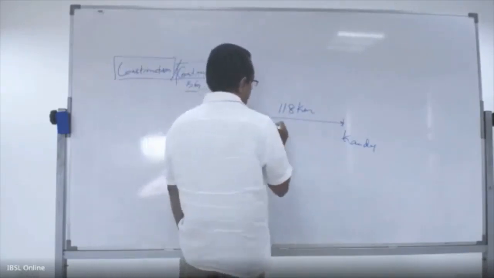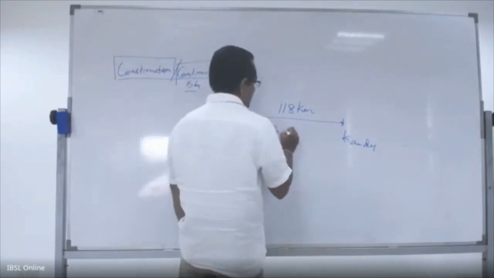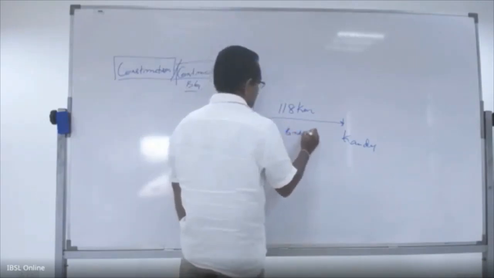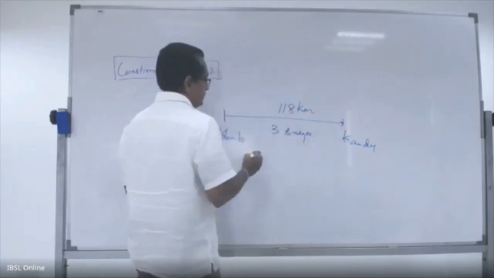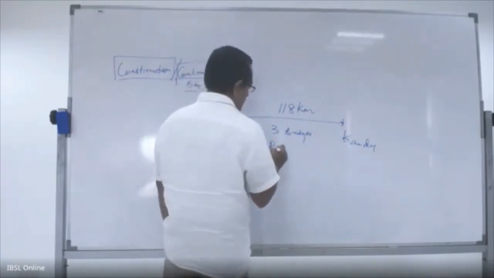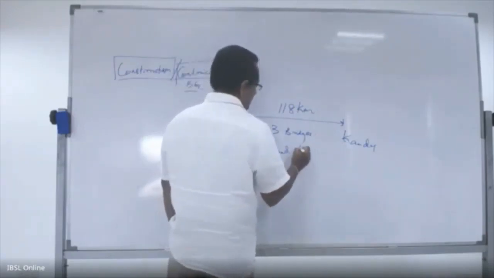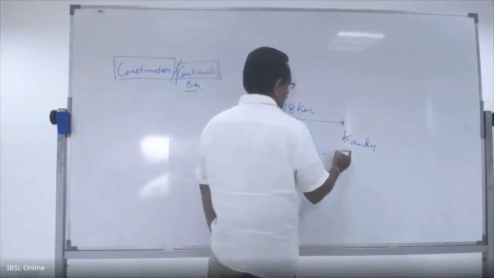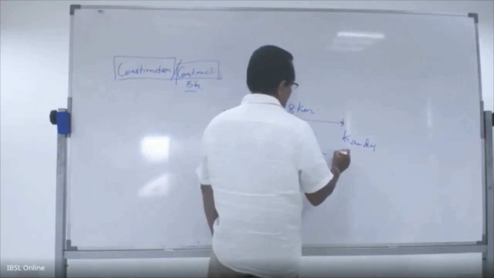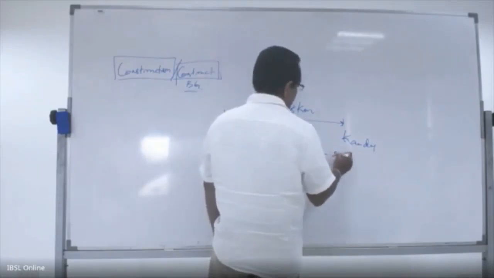right? We have 3 bridges. Road width should be 20 meters, right?